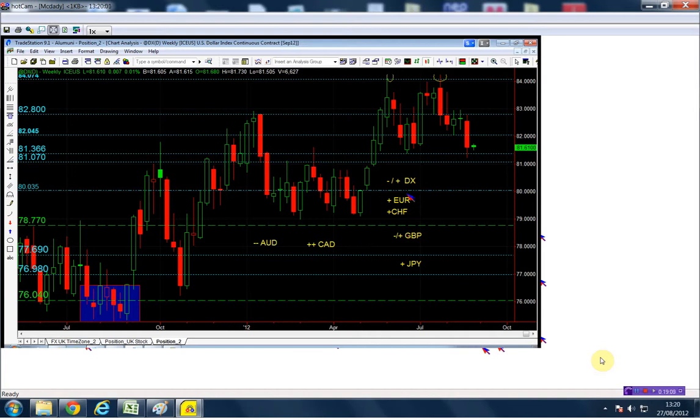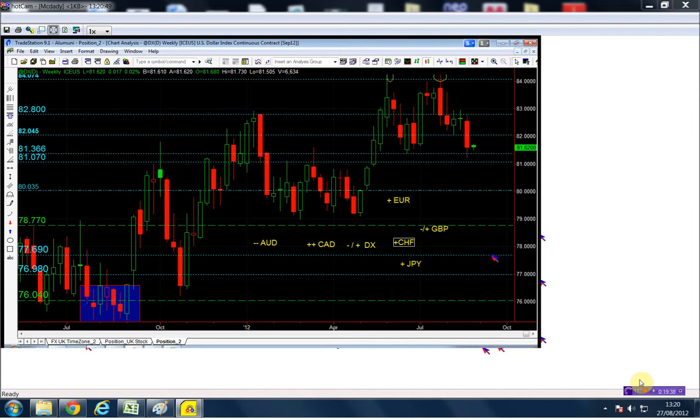I also want to be looking at getting short the Aussie dollar, as long as it's below the structure. I also may look at the Aussie Swiss. One second. I want to be looking at the Aussie Swiss, and I can be looking at the Euro Aussie.